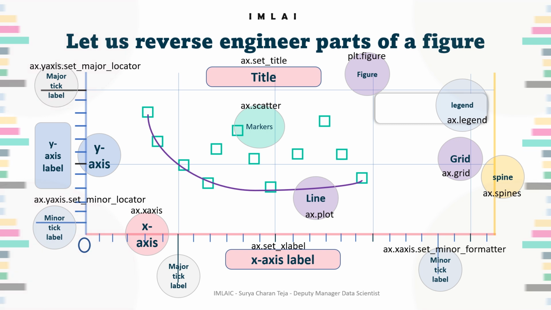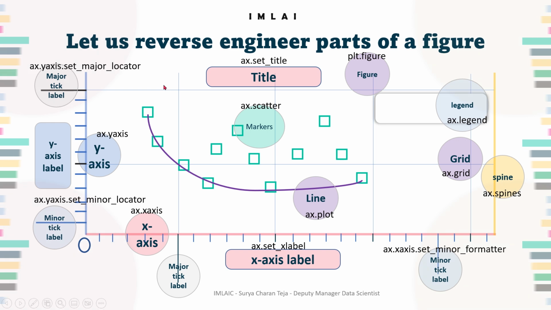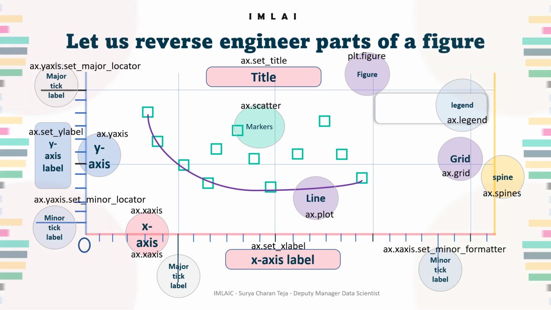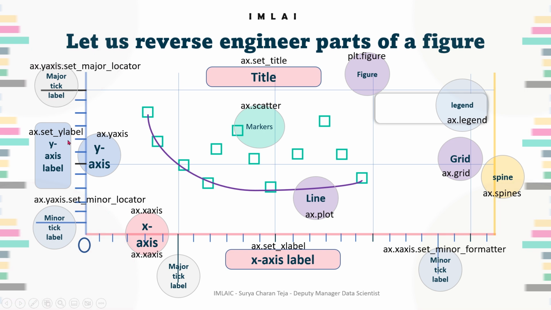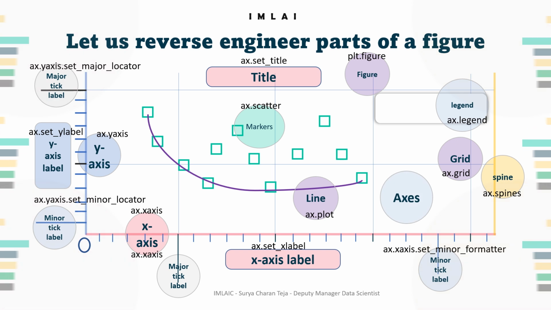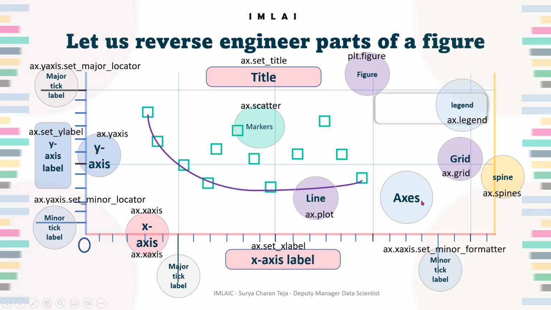Every piece of information will be there. And for the y-axis, we'll use ax dot y-axis, just like ax dot x-axis that we discussed earlier. And for the label, we discussed the x-axis label, but for the y-axis label, it's ax dot set underscore y label. And finally, you'll have an axis method. Clear?